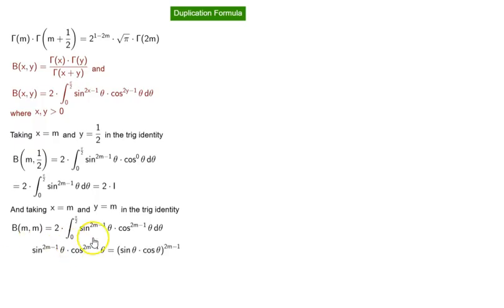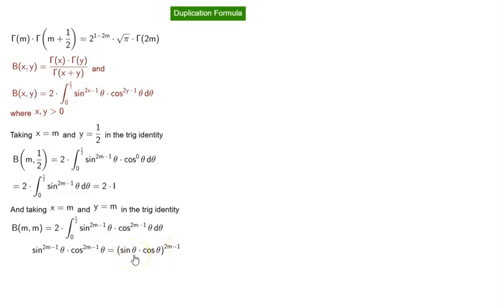Now looking at the integrand, we have sine to the power of 2m minus 1 theta times cos to the power of 2m minus 1 theta. The exponents are the same, so we can combine. So we have sine theta times cos theta to the power of 2m minus 1.